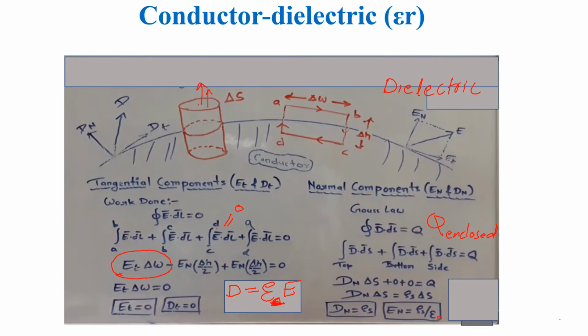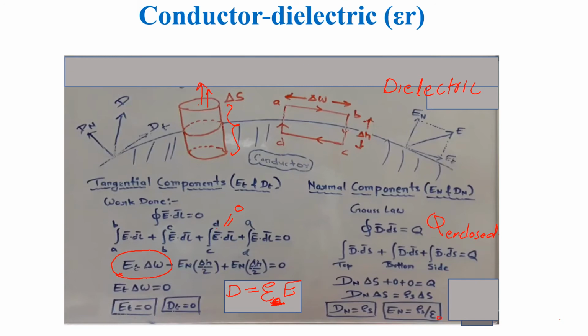So Dn delta s plus, the bottom surface integration gives a 0 answer because it is inside the conductor, and the side surface, it is so small. This side length is very small, so that the ds value is 0 there. So no field value on the surface also.